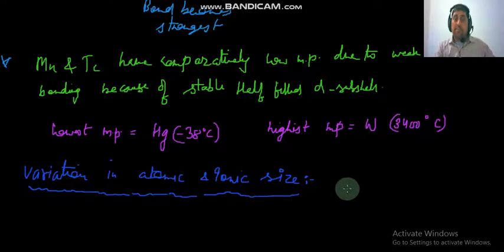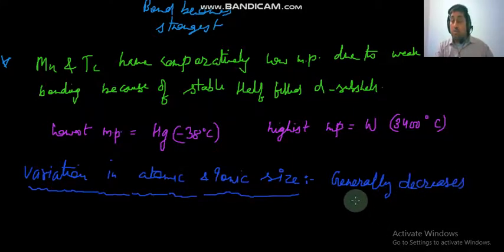Now see what variation you find in the atomic or ionic size. Generally it decreases along the period if you move from left to right in the period.